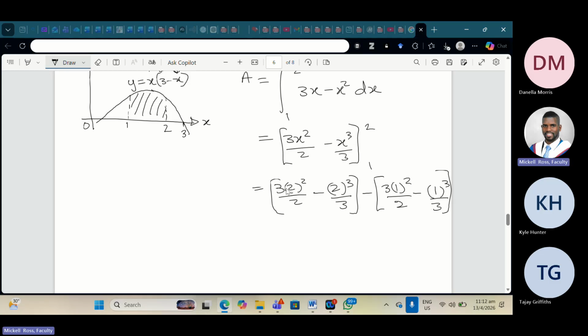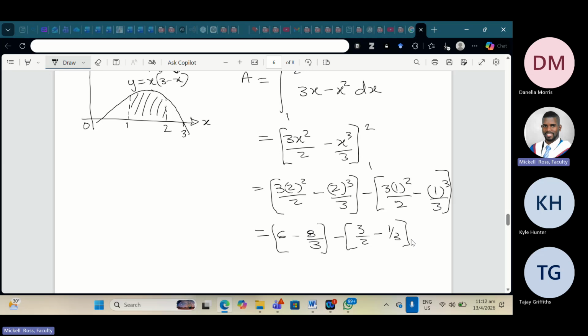So this right here, 2 squared is 4, 3 times 4 is 12 divided by 2. We're going to get 6 minus 8 over 3, minus, this is going to give us 3 over 2 minus 1 over 3.